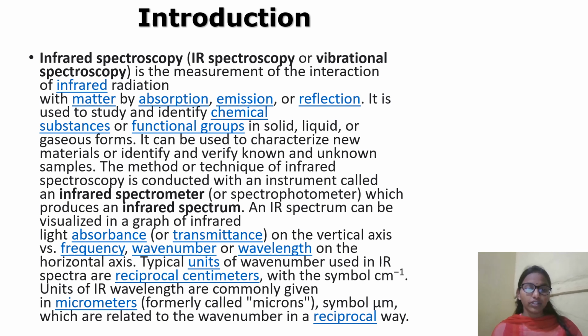Typical units of wave number used in IR spectra are reciprocal centimeters, with the symbol cm⁻¹. Units of IR wavelength are commonly given in micrometers, formerly called microns, symbol μm, which are related to the wave number in a reciprocal way.